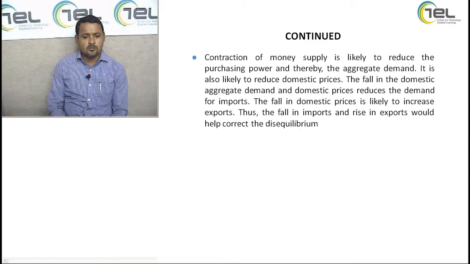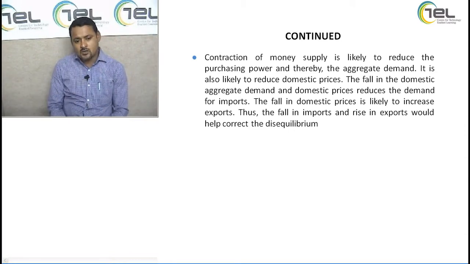Contraction of money supply is likely to reduce the purchasing power and thereby the aggregate demand. It is also likely to reduce domestic prices because the demands are coming down, supply remaining constant, there will be ease in the prices. The fall in domestic prices will reduce the demand for imports.